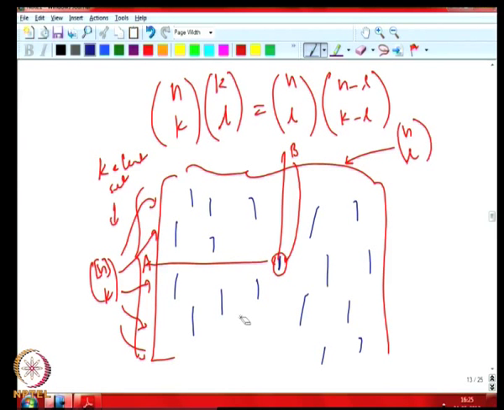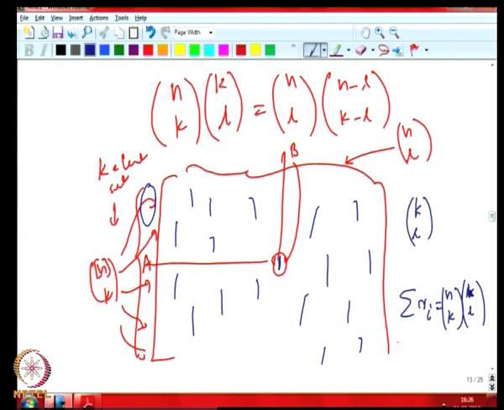One way is to find the row sums and add up. That is clear, because given a k element subset there will be exactly k choose L of its L element subsets. So the row sum total will be n choose k into k choose L, because there are n choose k rows and each row contains k choose L ones.